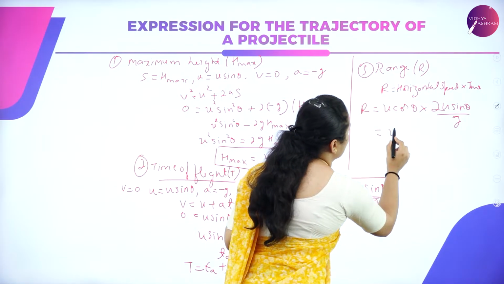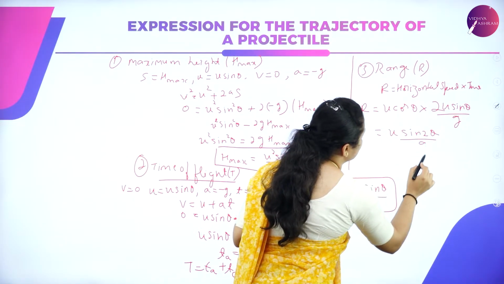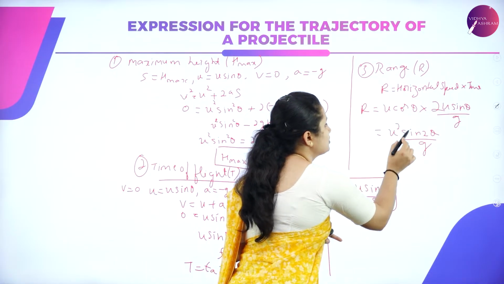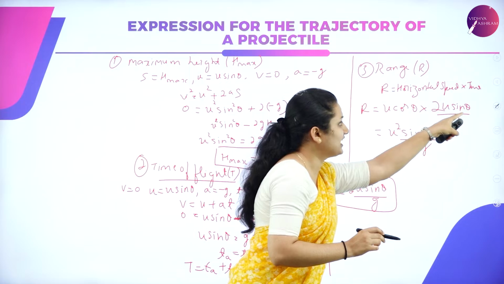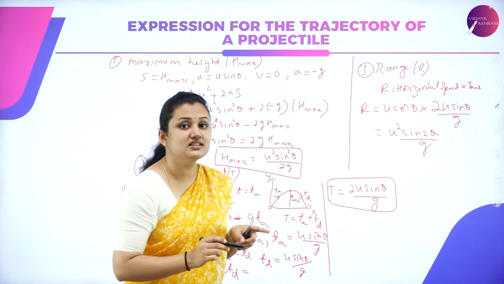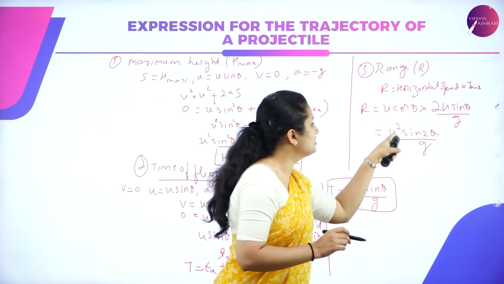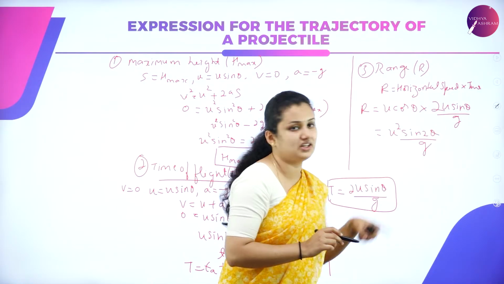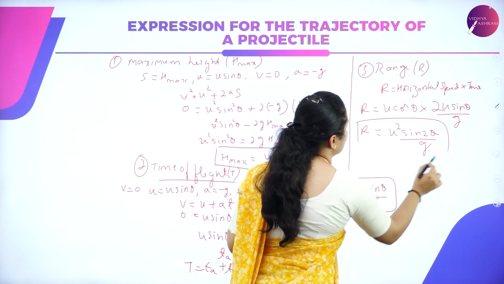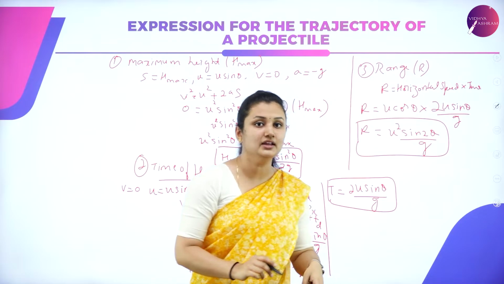On substituting, you will get u into u, so it will become u square sin 2 theta by g. So this is the range, to calculate the range of the projectile. R is equal to u square sin 2 theta by g.